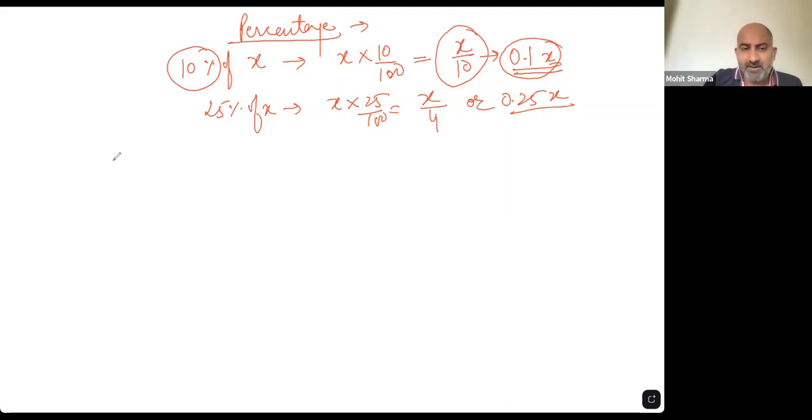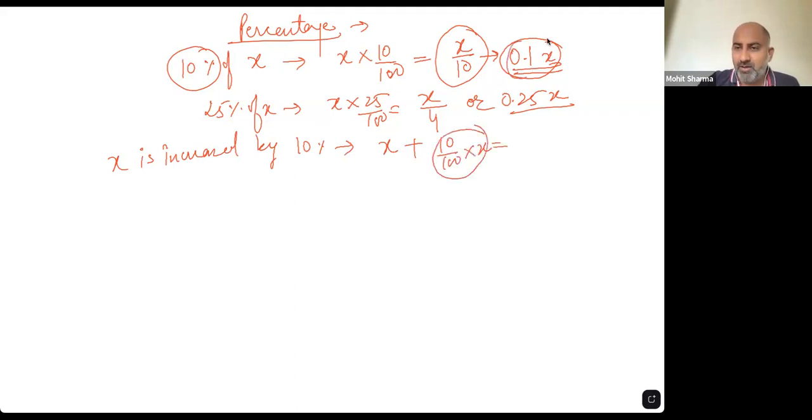Now, if I say X is increased by 10%, that means to X, we are adding 10% of X. So 10% of X we know is 0.1X. So this entire thing becomes 1.1X. 1.1X simply means X getting increased by 10%. 10% more than X. If I increase it by 20%, it would be 1.2X.